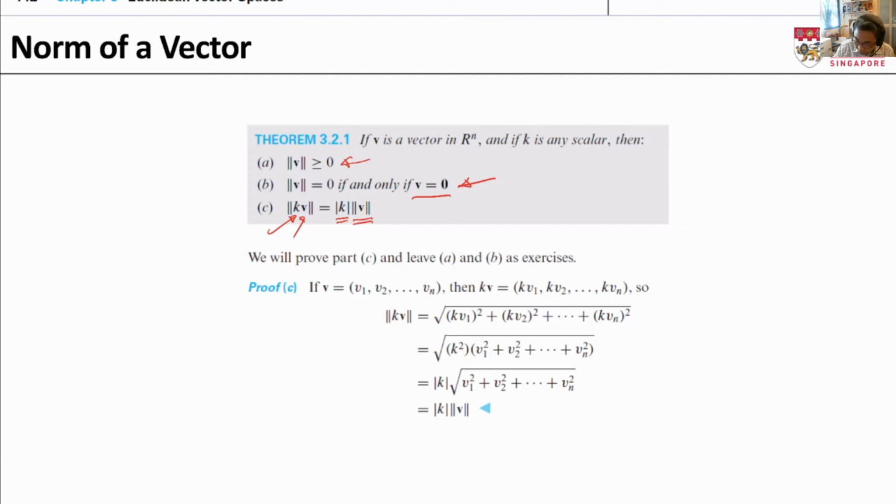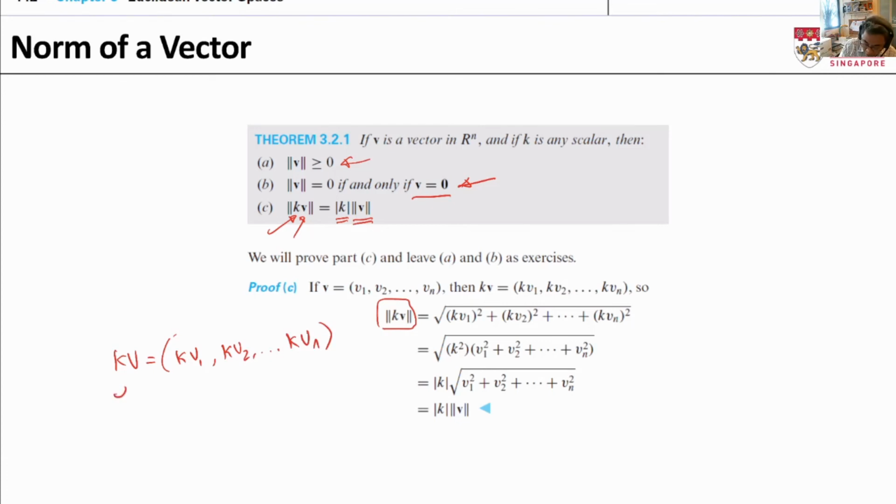Let us prove this property. We now treat kv as an entry of kv1, kv2, ..., kvn. Basically, we distribute the scalar k into the coordinates.